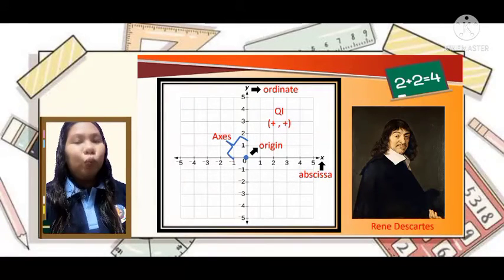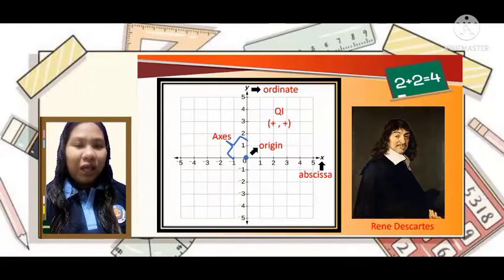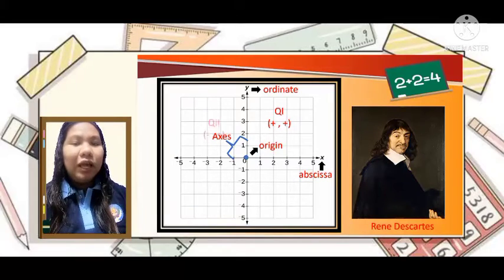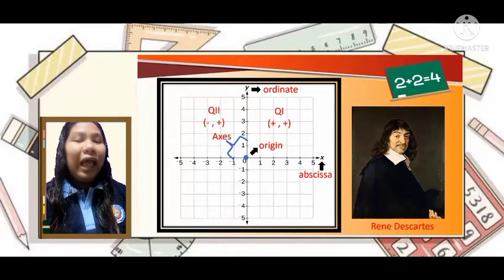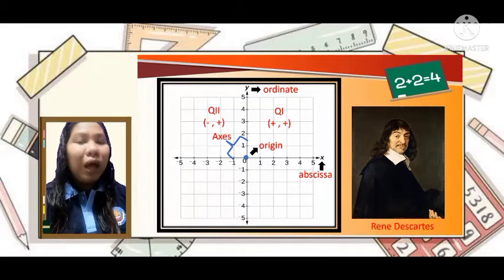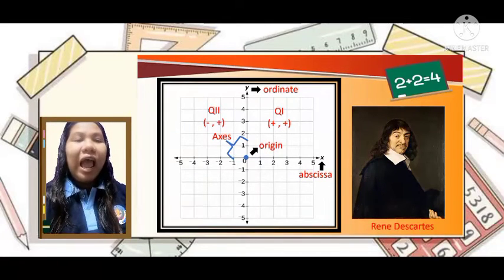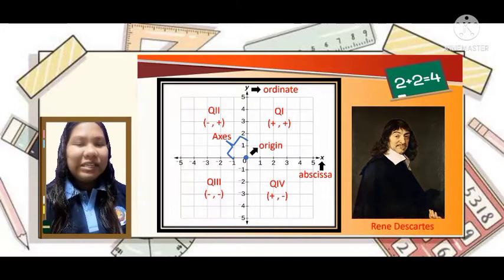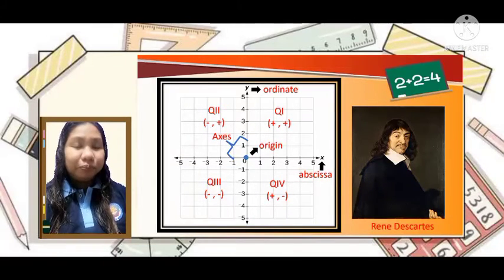We have quadrant 1 wherein x and y are both positive. In quadrant 2, x is negative and y is positive. And in quadrant 3, both x and y are negative. And in quadrant 4, x is positive and y is negative.